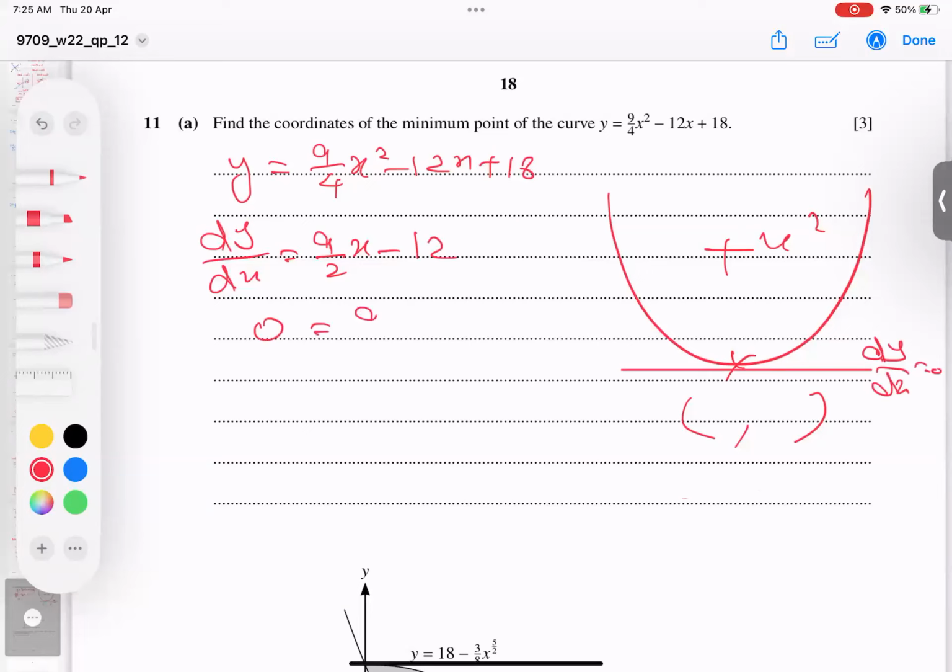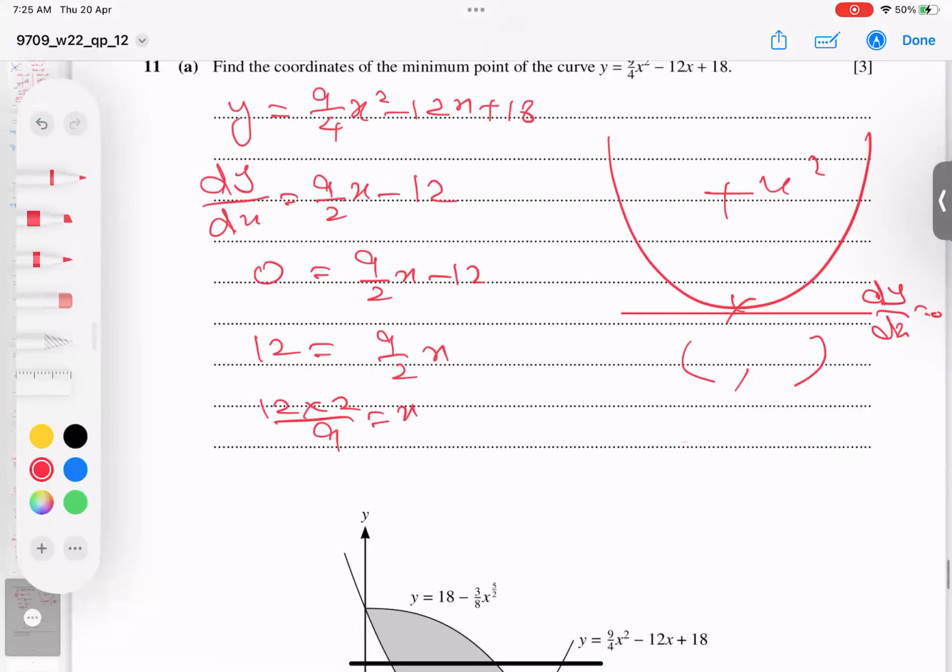When I plug in 0, 12 goes there and becomes positive 12, 9 over 2 times x. 2 multiplies there, and 3 divides, 3 fours are 12, and I get 8 by 3 as the x value.